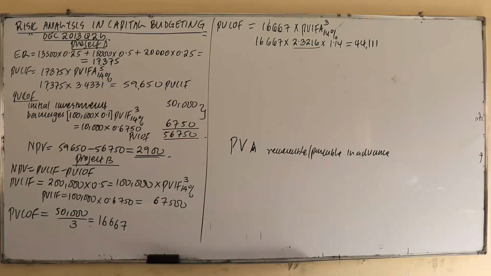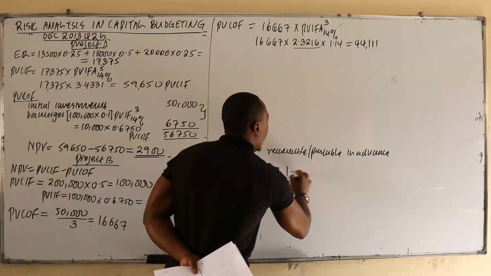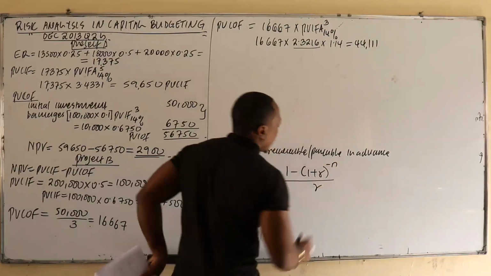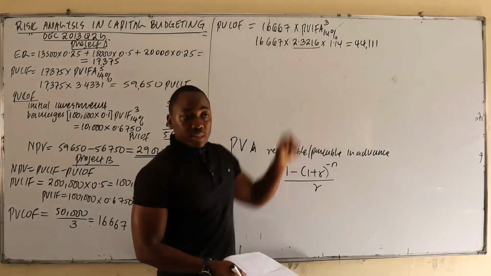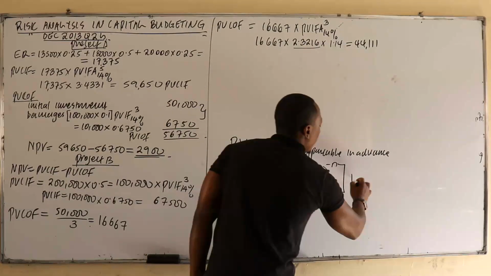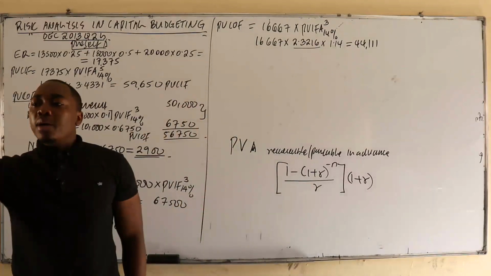You get it at the beginning. So what does it mean? You'll take the formula, 1 minus (1 plus R) raised to power minus N, over R. If you do this, this is what you'll get: 2.3216. But we usually add 1 plus R when the cash flows are receivable or payable in advance.